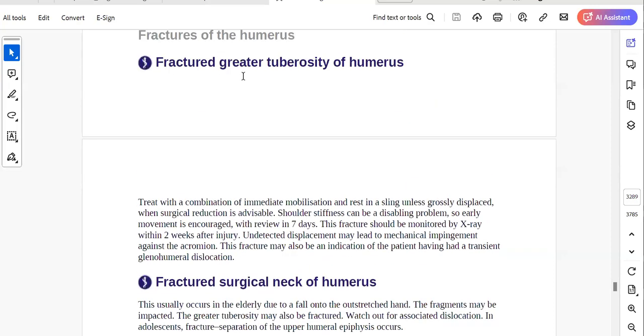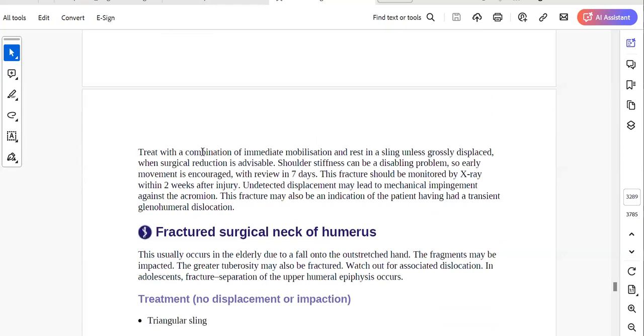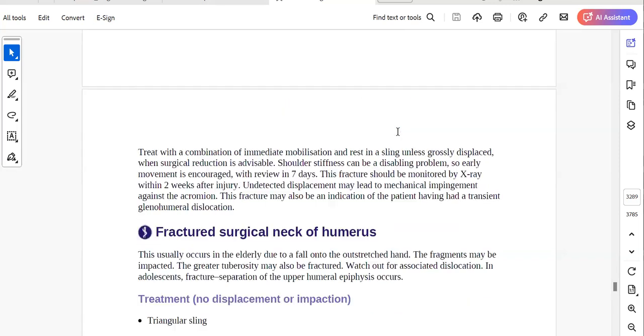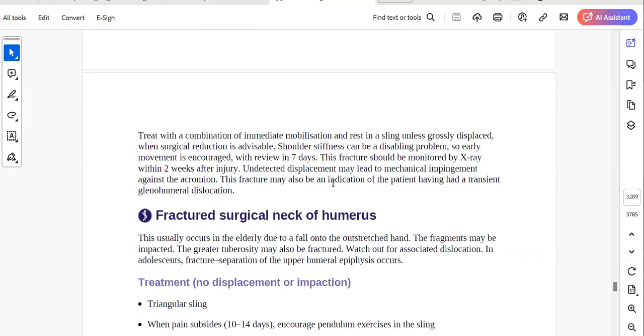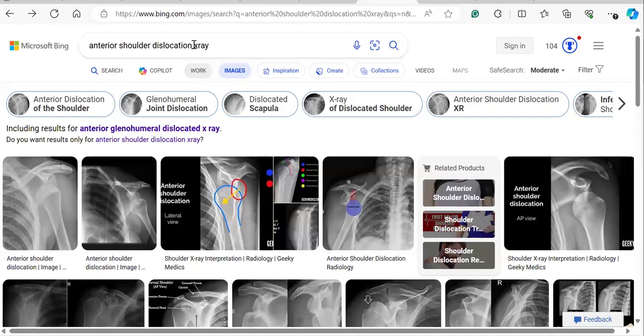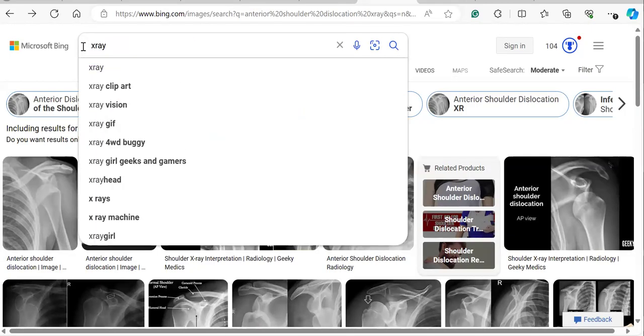So if there is a fracture of the greater tuberosity of the humerus, the treatment is immediate immobilization and rest in a sling unless it is grossly displaced. Now I have to show you all of them, which will take a lot of time, unfortunately.